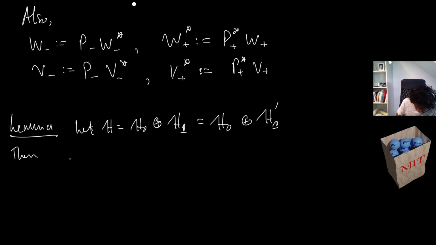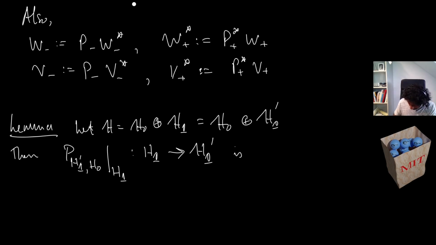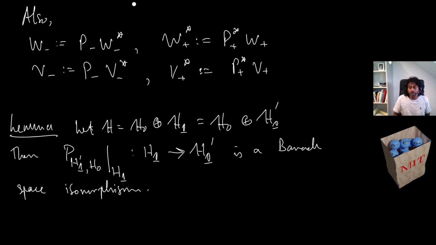Then the claim is that the projector that projects to H1 along H0, restricted to the subspace H1 prime, which takes me from H1 prime to H1, is a Banach space isomorphism. That is, it's an isomorphism which is bounded, so it also has a bounded inverse by the open mapping theorem, because the spaces H1 and H1 prime are closed by assumption.